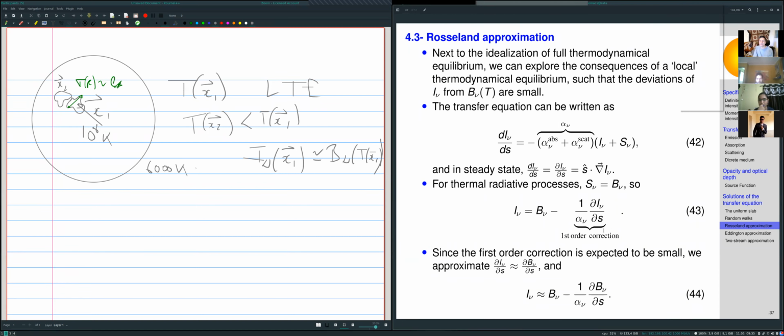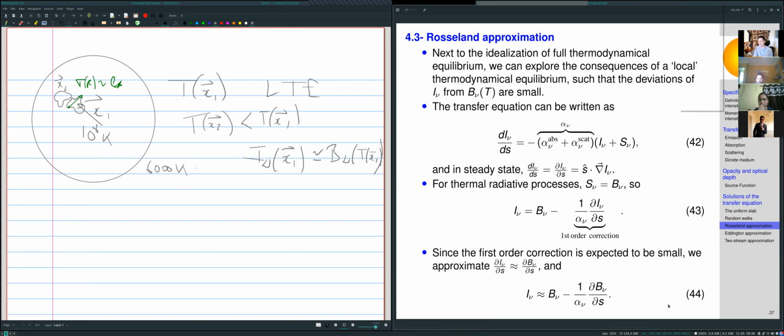And this perturbation term is connected with the gradient of the specific intensity field. And so here we are going to make the Rosseland approximation, which means we're going to replace I nu by the source function, B nu, leading to equation 44.